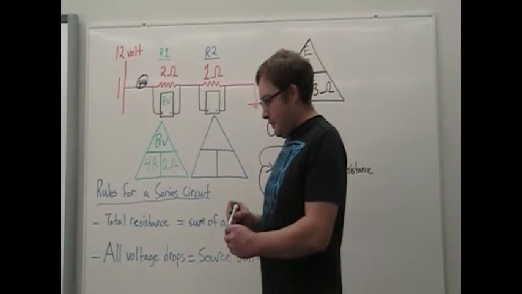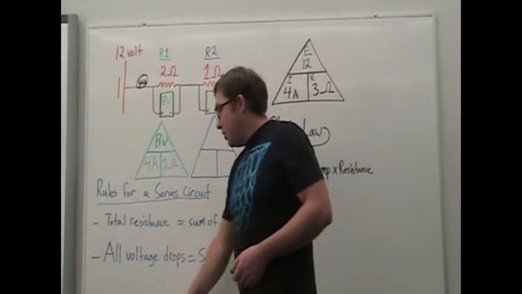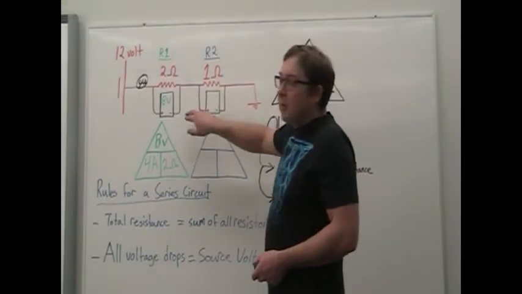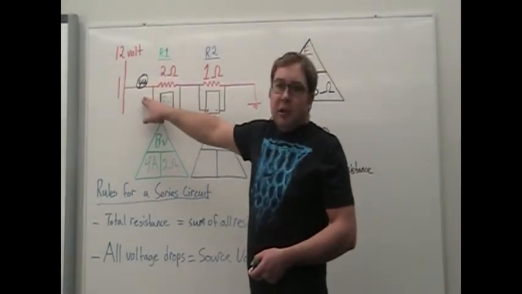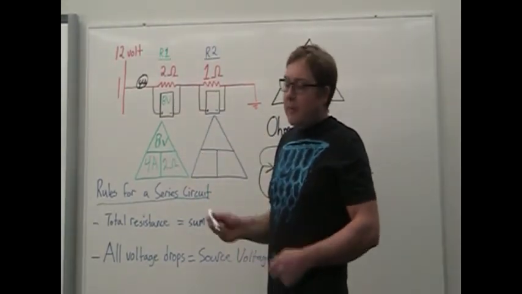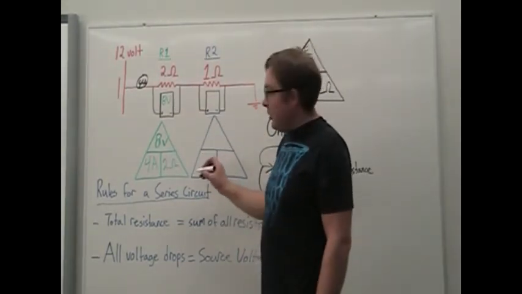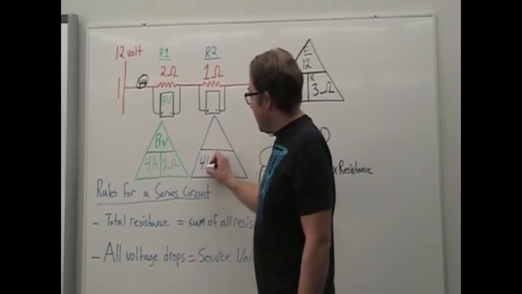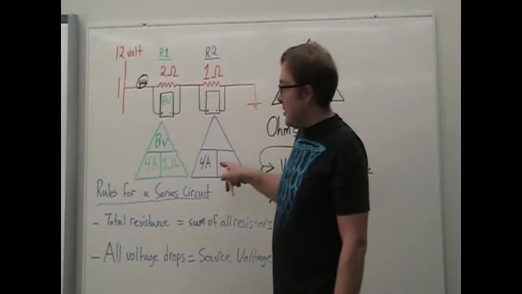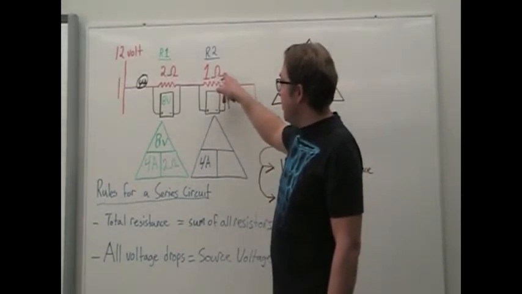Okay. So let's move on to resistor number 2. So again, 4 amps is going to be constant throughout our entire series circuit. So since our amperage is constant, we're going to put our 4 amps into our triangle there. The resistance of resistor number 2 is 1 ohm.